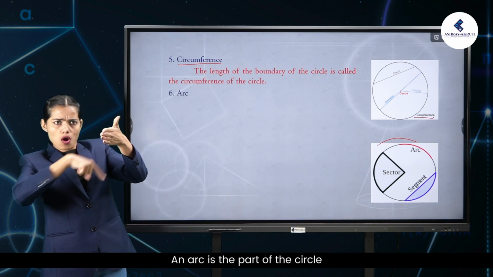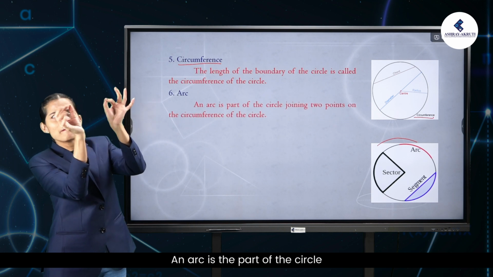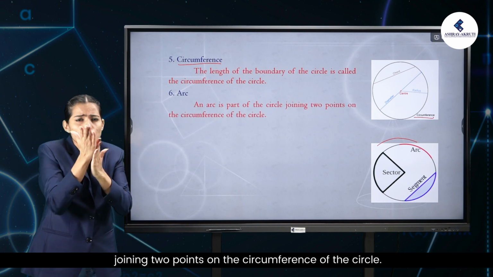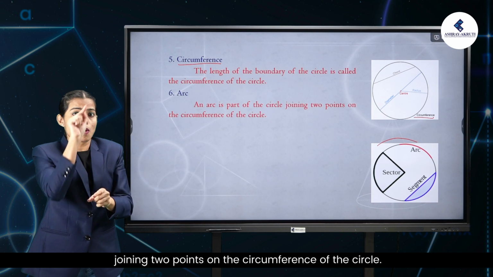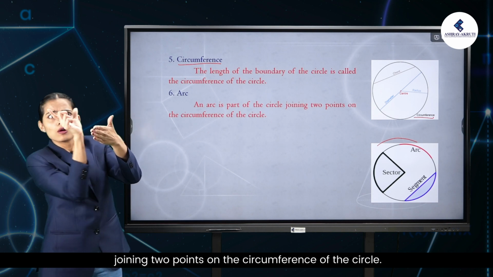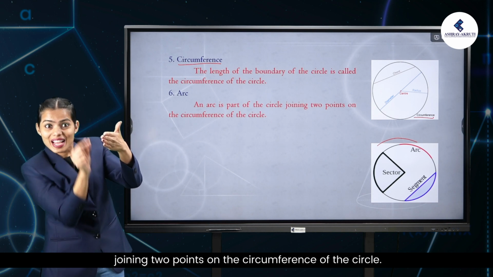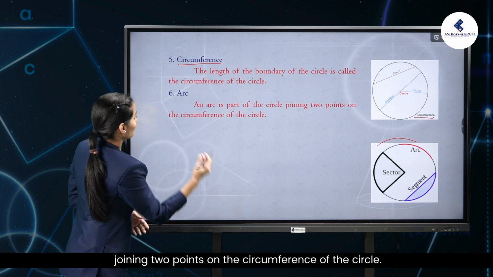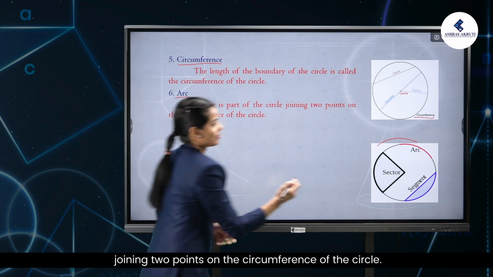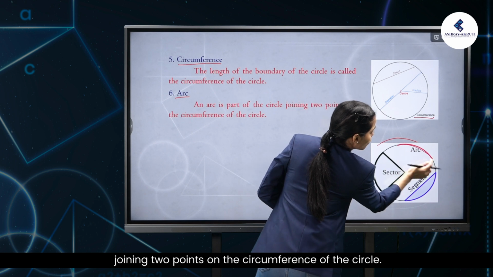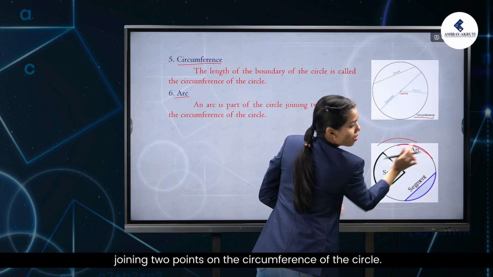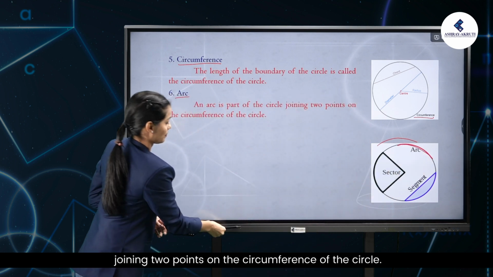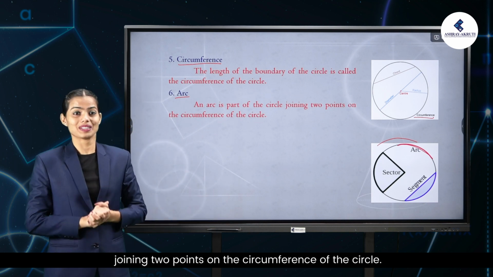Arc. An arc is the part of the circle joining 2 points on the circumference of the circle. Sector.